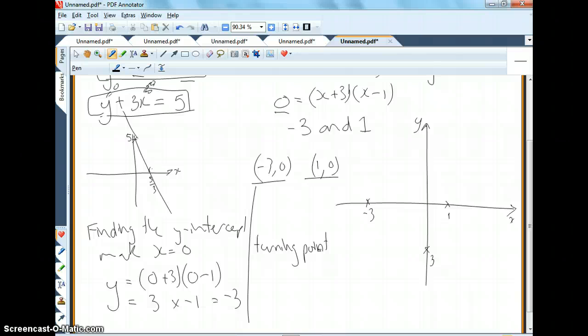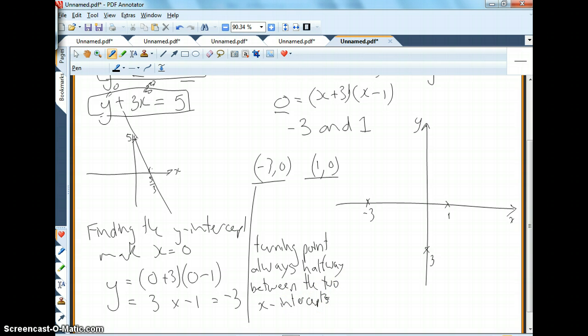Actually, not in terms of the value, just describe to me where the turning point always occurs. That's brilliant. The turning point always occurs between the two x-intercepts. Always halfway between the two x-intercepts.